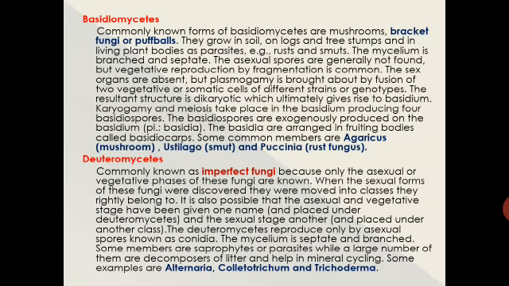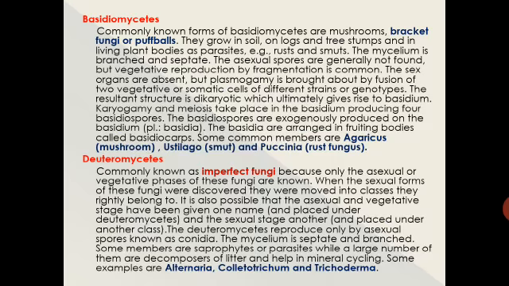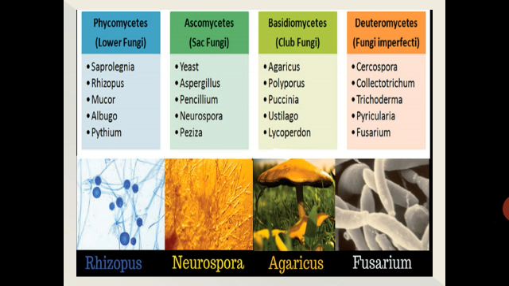So these were the classification of kingdom Mycota: Phycomycetes, Ascomycetes, Basidiomycetes, and Deuteromycetes. Examples shown: Phycomycetes Rhizopus, Ascomycetes Neurospora, Basidiomycetes Agaricus, and Deuteromycetes Fusarium.